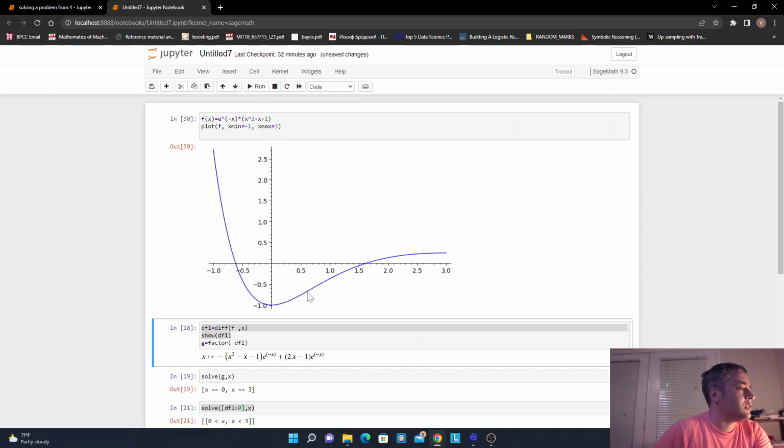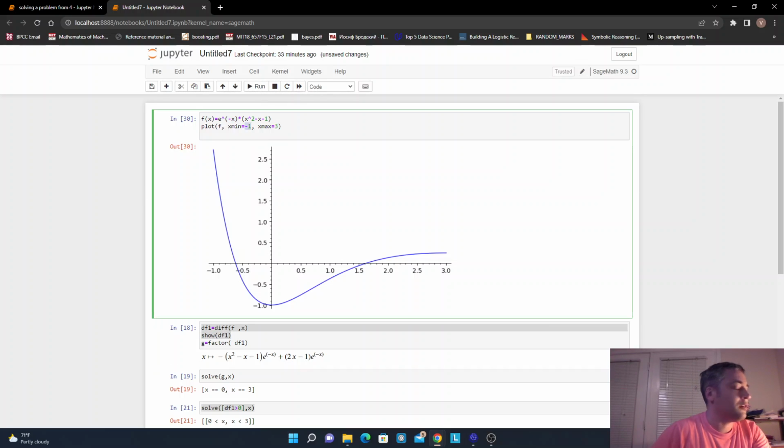We definitely see that somewhere around this point we will have an inflection point going from concave up to concave down. And there may be another inflection point. Since I know the behavior of this function, I think there should be another inflection point out there. So graphing and just looking at the graph is not always a good way to figure out everything about the function.